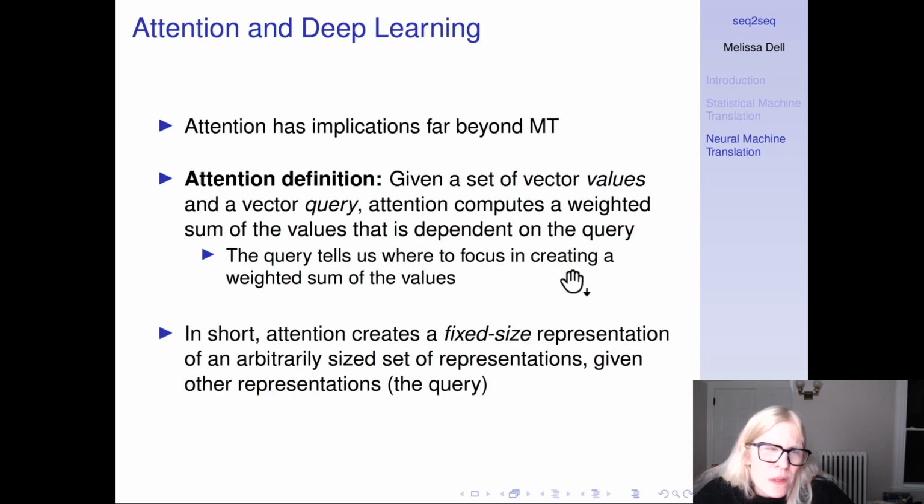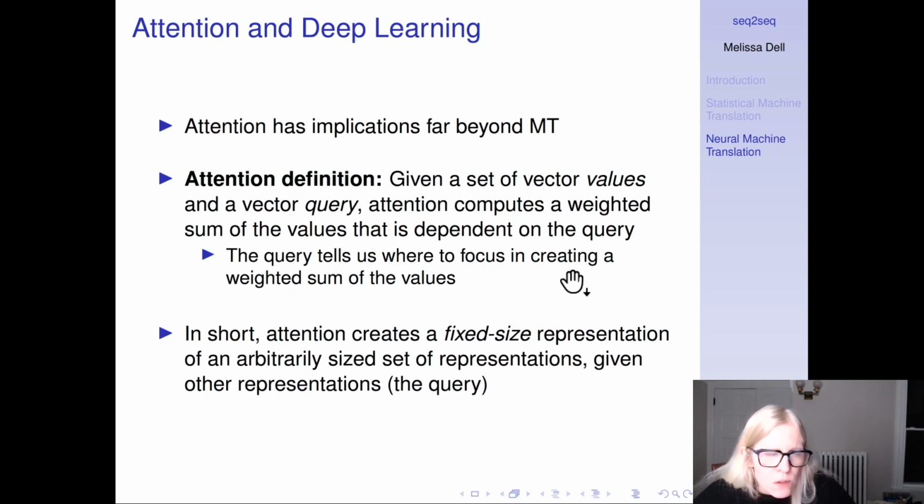So attention is going to have implications far beyond machine translation. The transformer paper, which we'll spend all of Tuesday talking about, is called Attention is All You Need. So we'll spend a lot more time talking about attention. But just to give a basic definition: given a set of vector values and a vector query, attention computes a weighted sum of the values that is dependent on the query.